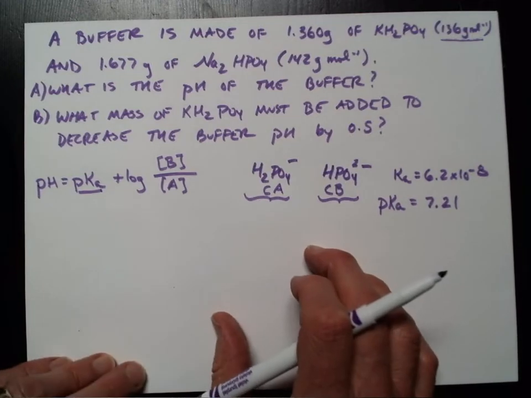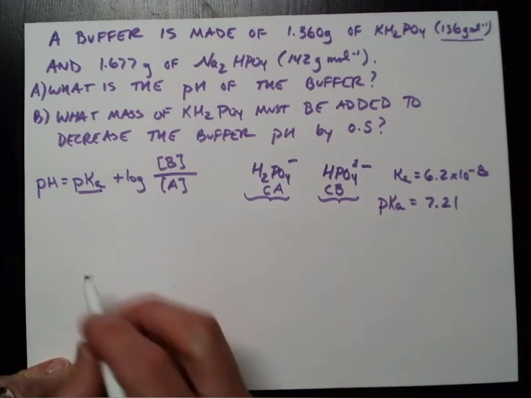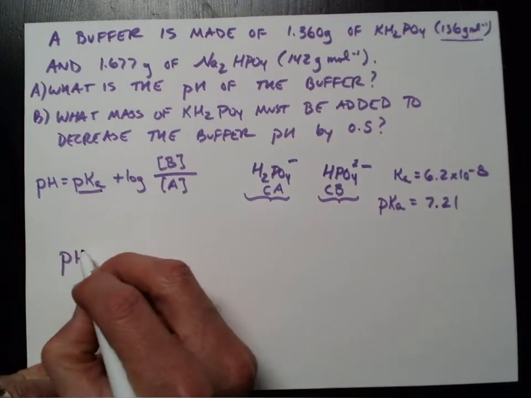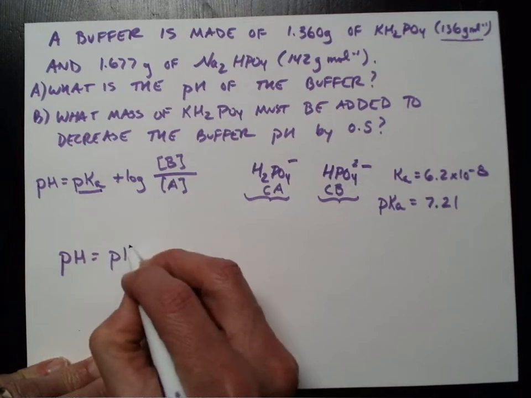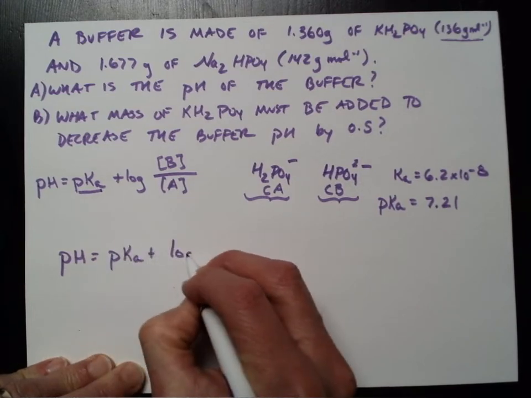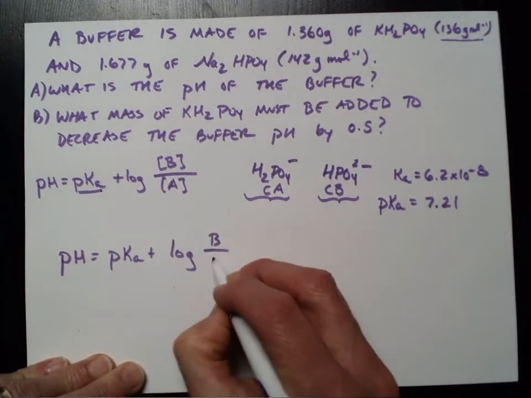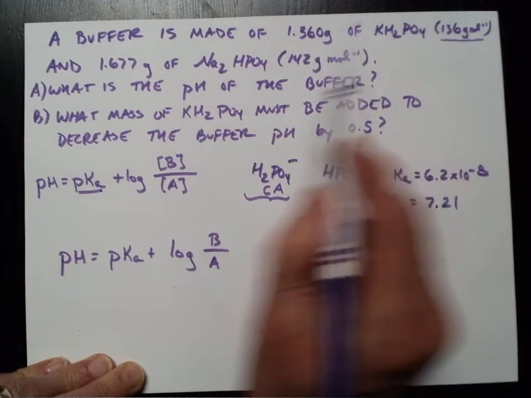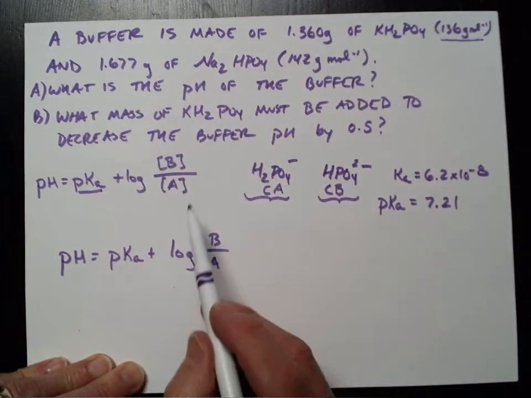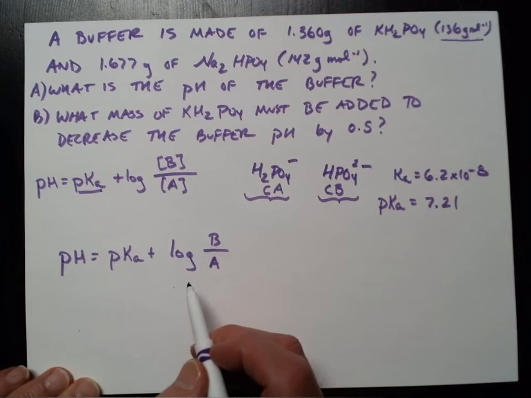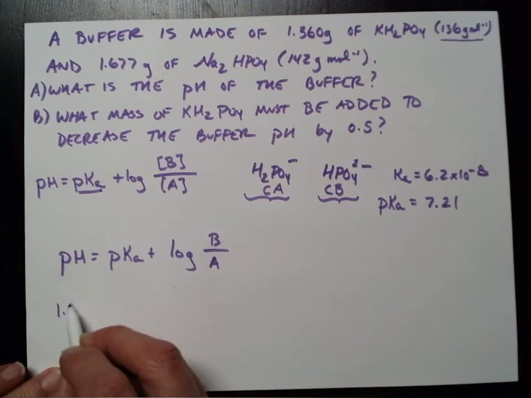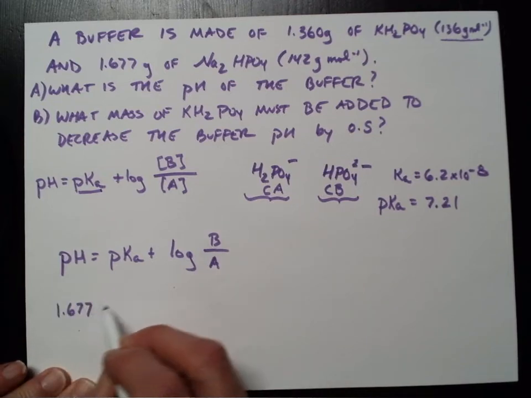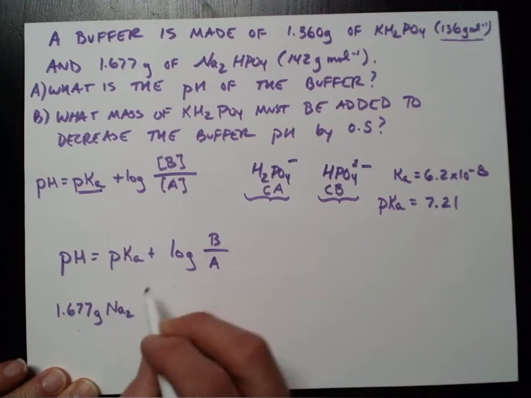All right, I got to find my pH. So my pH is going to be the pKa plus the log of my base concentration over my acid concentration. So I got to figure out, let's see, this is my acid and this is my base. Let me figure out my base concentration first. All right, so I have 1.677 grams of sodium hydrogen phosphate.